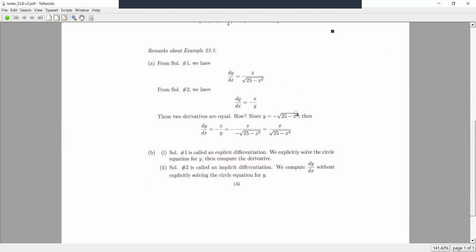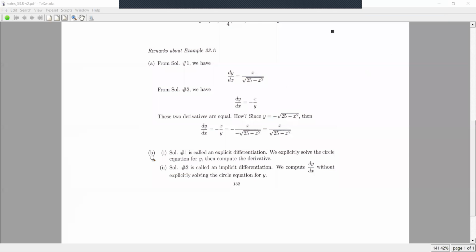If we plug in this equation here, then the derivative from solution 2 becomes this. Cancel the minus sign, then we have this equation. This is the derivative from solution 1. Therefore, the derivative from solution 2 is equal to the derivative from solution 1.